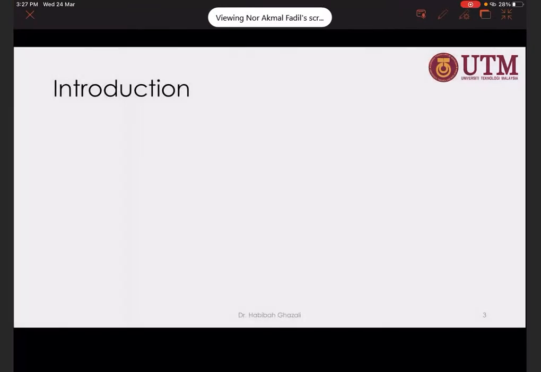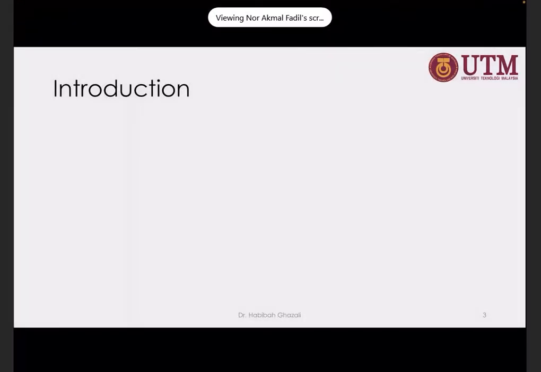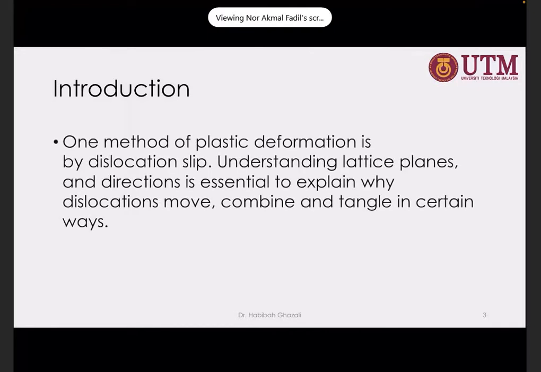In this topic, you are going to learn how to give an index by direction of the plane for the crystal structure. First, what you have to know is that this kind of system is important in order to relate with the properties of the material. For example, one method of plastic deformation is by dislocation slip.